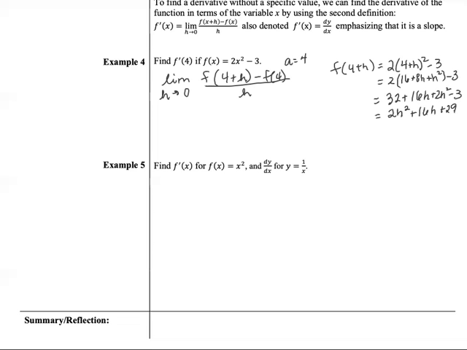And then we also need f of 4, which is 2 times 4 squared minus 3. 16 times 2 is 32 minus 3, which is 29.